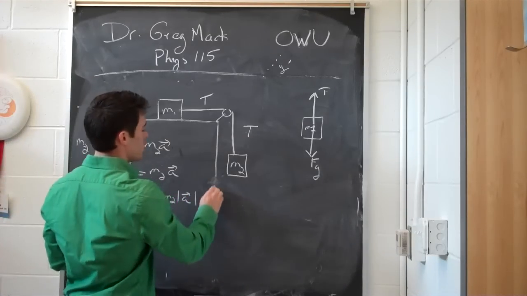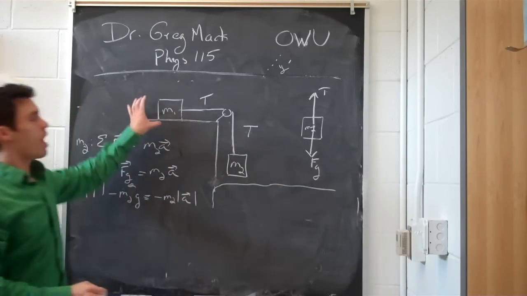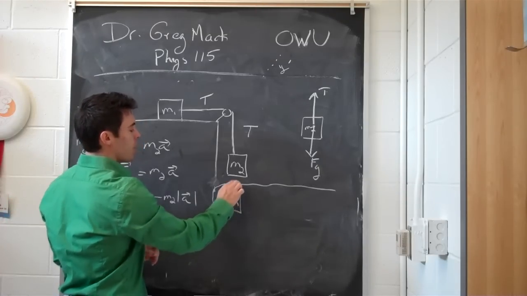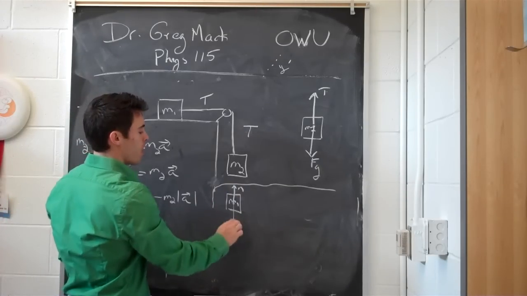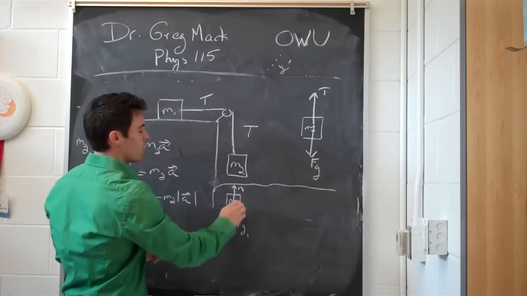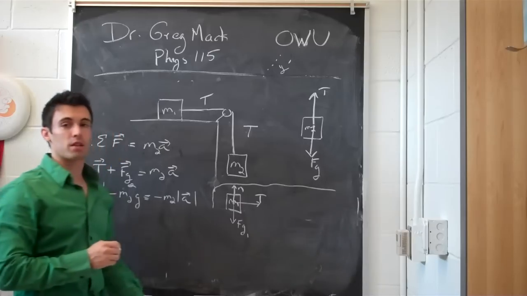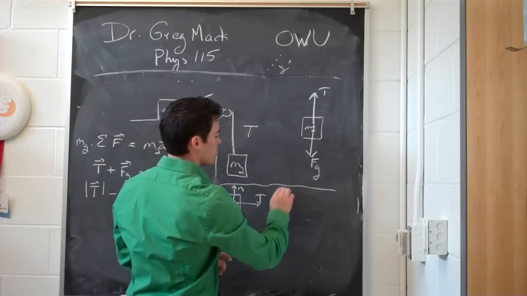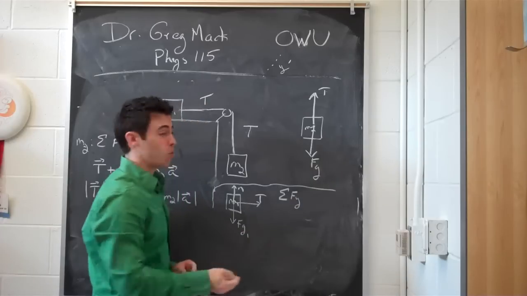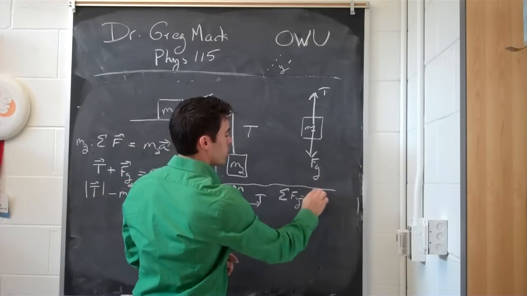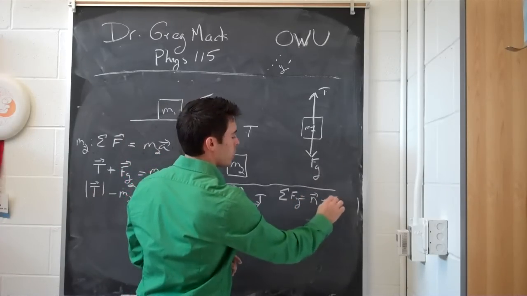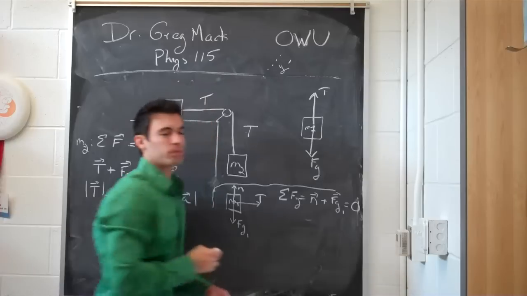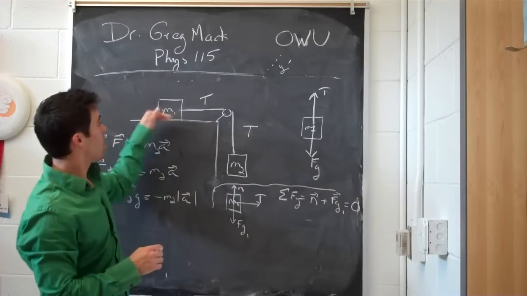Then, if we look at what's happening with M1 and draw a free body diagram for M1, we have the normal force going up, and we have the weight force going down, but we also have the tension pulling it to the right, and that's what's making it move. So the sum of the forces in the y direction for block 1 is equal to the normal force and the weight force for the first block, which equals 0, because it's not moving up and down on the ledge.